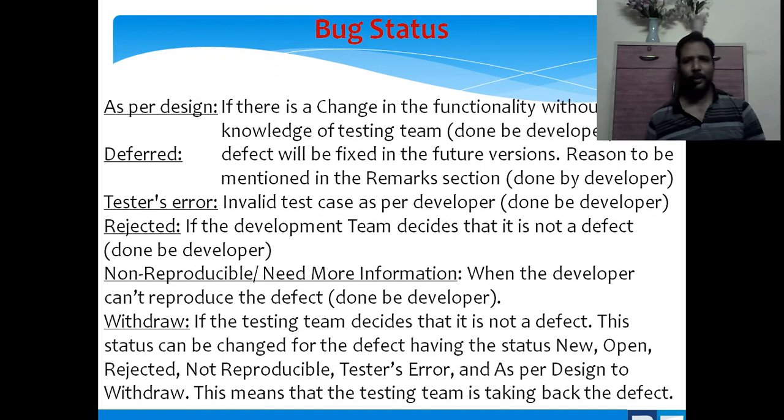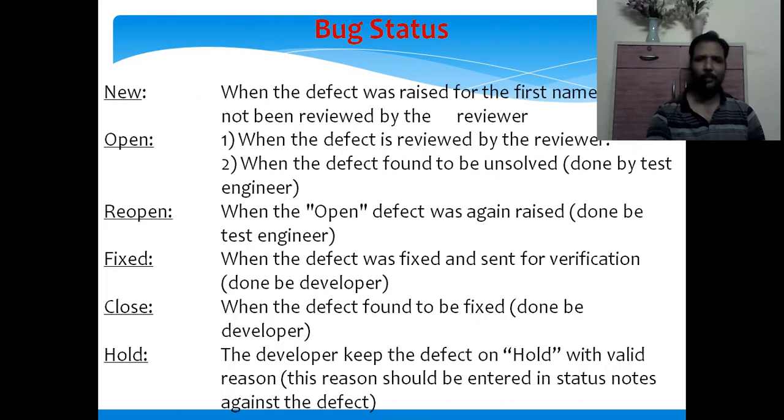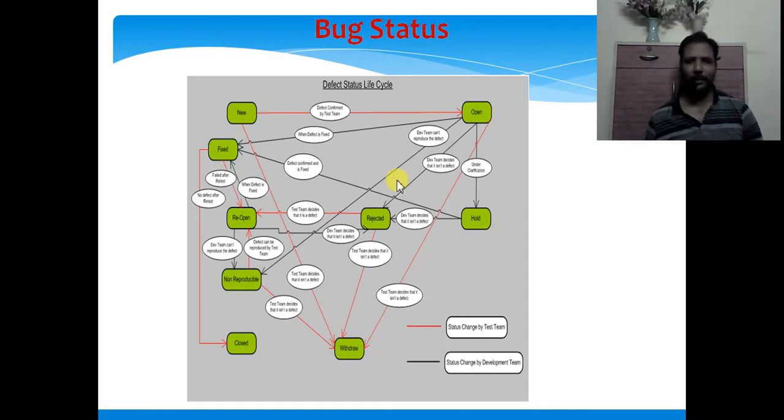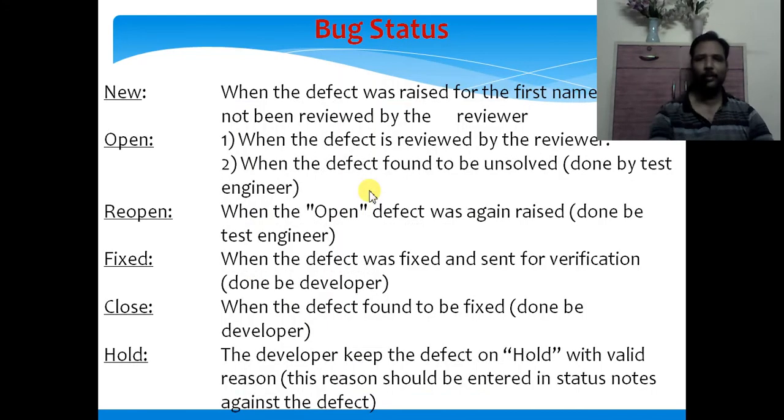There are different stages: it can be withdrawn from open to withdraw, meaning after changing the status to open, if the test lead thinks this is not a defect, then he can withdraw it. Or if it is not reproducible or if it is rejected, then also you can change the status to withdraw.